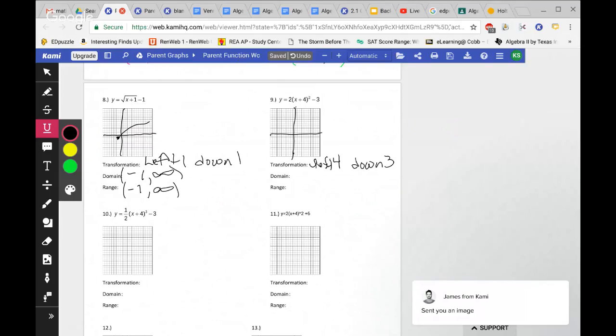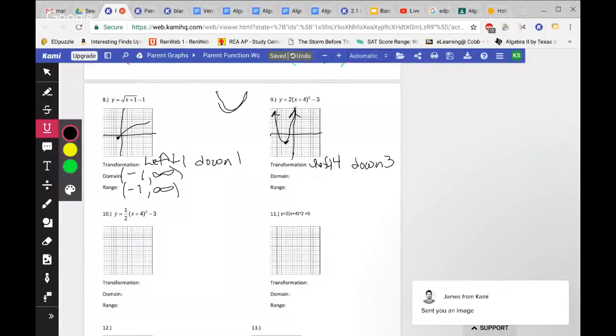So we're going to go left 4. 1, 2, 3, 4. Down 3. And then it's actually instead. Okay. Your audio cut off. Oh, it did? Are we good? You said left 4, down 3, and then you cut off.